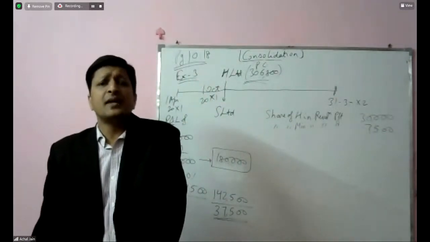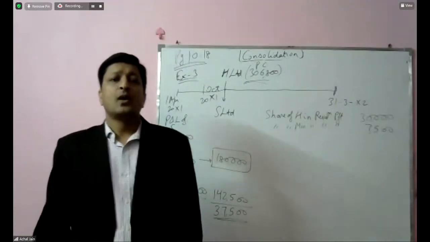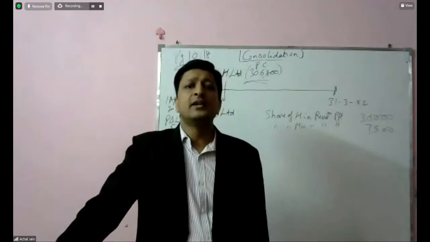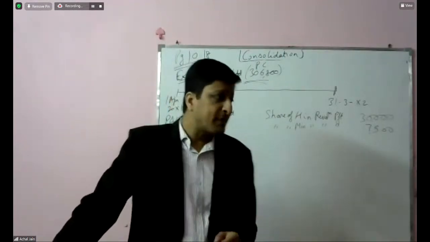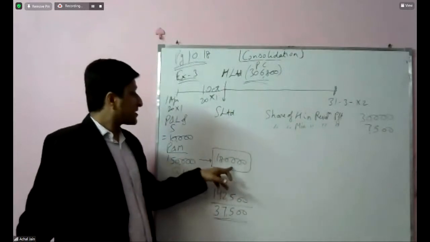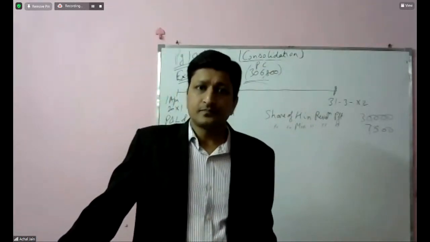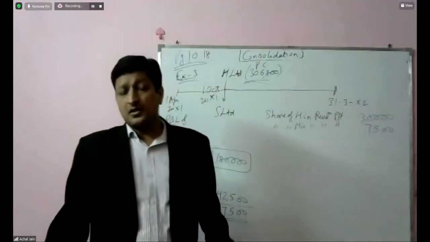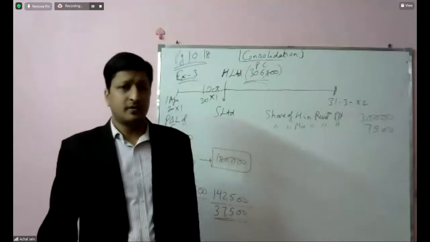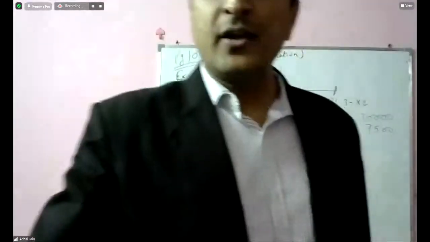Now additional depreciation which needs to be charged on appreciated value. If you look at this value of plant and machinery, this is now 1,80,000. It is not 1,50,000. Now, why is this required to be assessed?